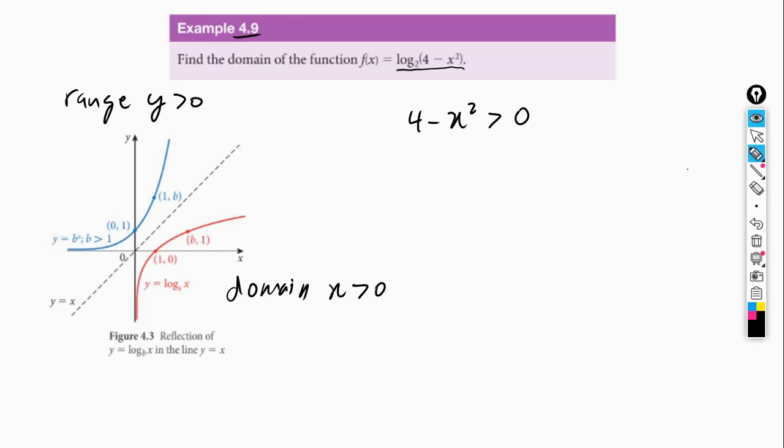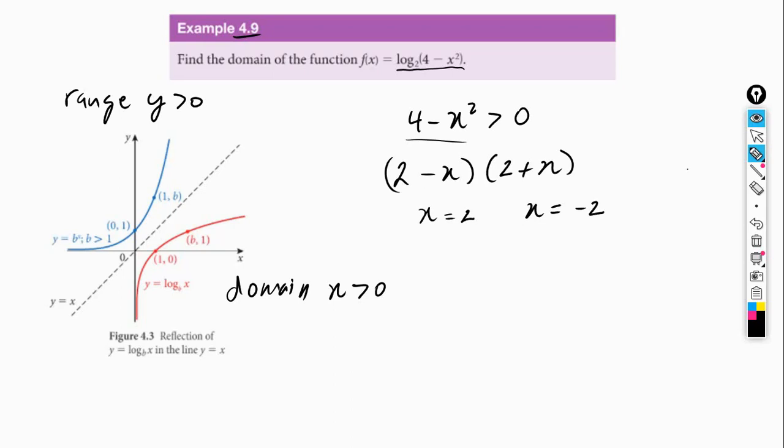We can find that out by finding the critical points. We can do that by factoring first of all. Notice that this expression is a difference of squares, so it can be rewritten as 2 minus x times 2 plus x. That means that the critical numbers are going to be x equals 2 and x equals -2.